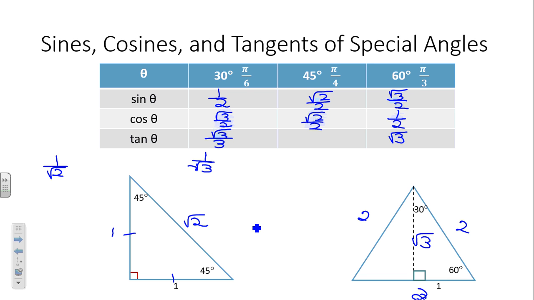And the tangent is going to be 1. So if you are a glutton for punishment like me, like I was in your seats, I didn't memorize these. I had to build the triangles and come up with them each time. Okay, you can do that.